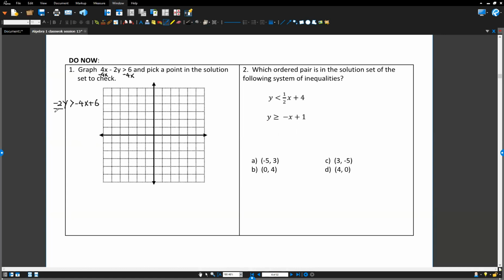But we need to divide by negative 2. So this is positive y, but when you divide by a negative number, the direction of the inequality changes the opposite way. Negative 4 divided by negative 2 is positive 2x. 6 divided by negative 2 is negative 3.